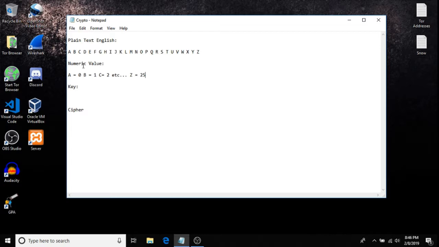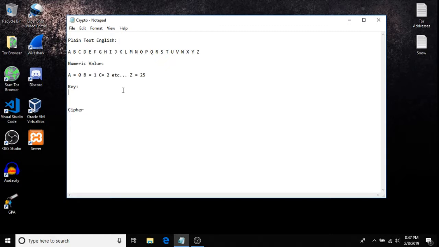Okay, so that is the numeric value when doing basic cipher, shift ciphers such as Caesar cipher, Vigenère cipher, and all the other basic simple ciphers. So in order to encrypt a secret message, we would need to predetermine a key that we could exchange between us and the receiver of this secret message.